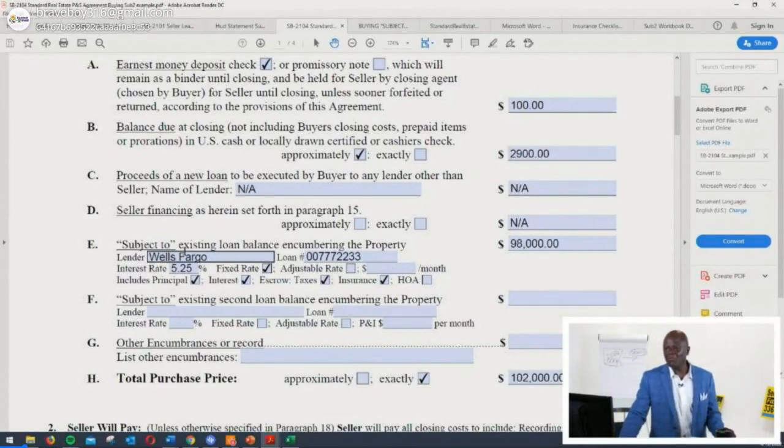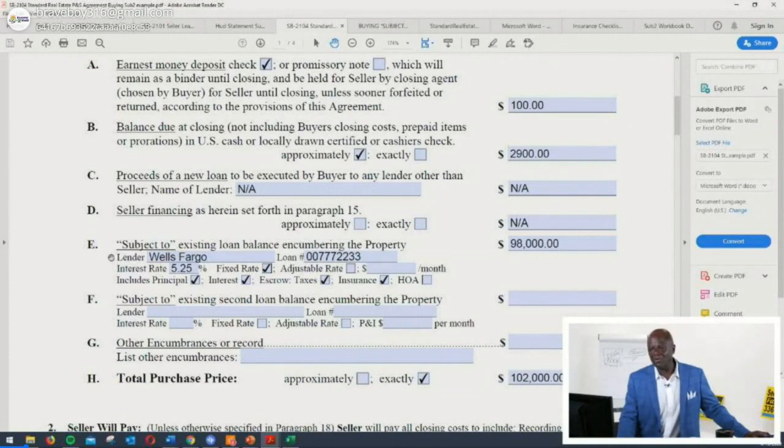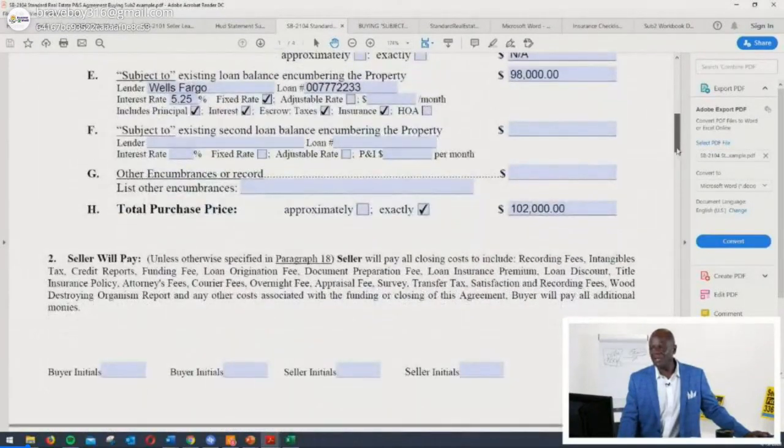We're taking their property subject to the existing financing. They have a loan with Wells Fargo, and you can see the loan number, the interest rate, and whether that includes principal, interest, taxes, insurance, and everything else. The loan balance, or approximate loan balance, is $98,000. So our total purchase price is $102,000.